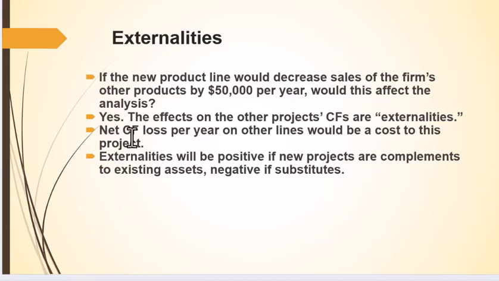So the net cash flow loss per year on other lines would be a cost of this project. So externalities could actually even be positives. It could be a positive project if it complements existing assets, and negative if they're substitutes to our current products.